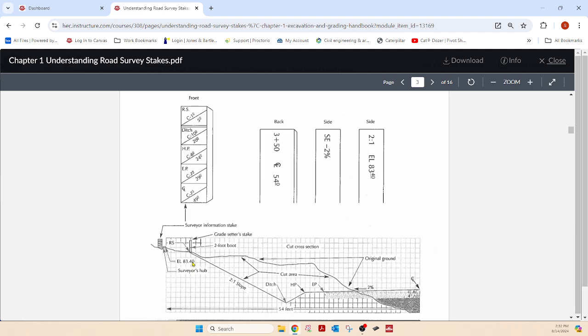So my grade setter stake is 82.4. I'm sorry. There is a ton of information, and I have a ton of notes to bail myself out. Do you see where the grade setter stake would be at an elevation of 82.4, 82 and 4/10? If the survey stake is 83.4 and it tells me to drop a foot, that makes me 82.4 and 5 foot away.